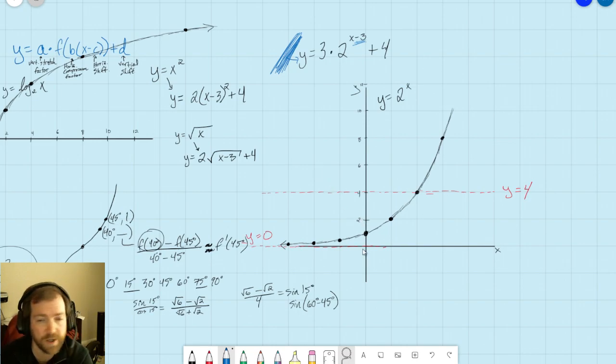All right, and our initial point is this one that I always like to talk about. Right, our origin point, which used to be at 0, 0, is now getting shifted up 4 and to the right 3. So it's here. Now there's nothing actually there, right? This is just an empty circle. It's where the asymptote is. But I like to include that.